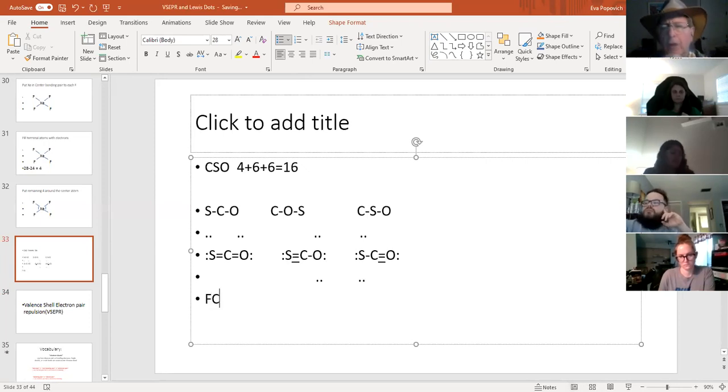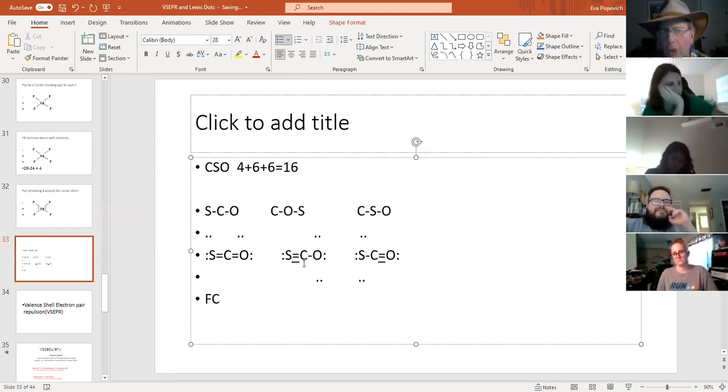All right, guys, you're going to do it for me. Actually, this is a good idea. Kara, Veronica, I want you to do the formal charge of the sulfur, carbon, and oxygen on the left molecule. Brian, Victoria, I want you to do the formal charge on the sulfur, carbon, and oxygen on the middle one.